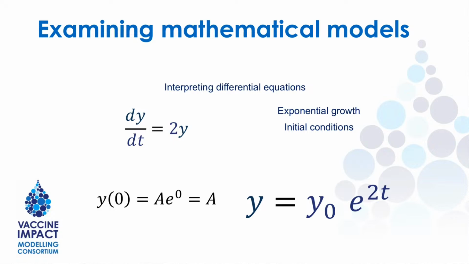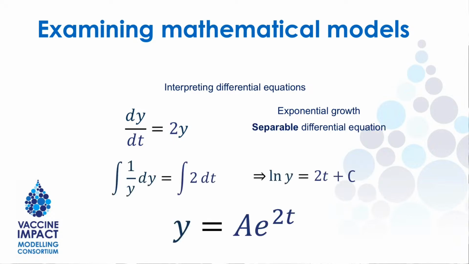And in the same way as we did with the other differential equations, if we've got another piece of information, an initial condition or a starting point, we can figure out what a is. So if we know what y was at the beginning of the time series, what our initial condition is, then we can rearrange this to solve for a. Okay. So we've got our equation.